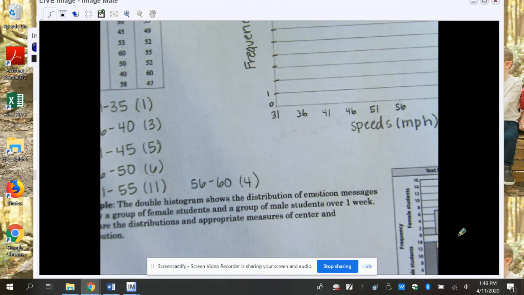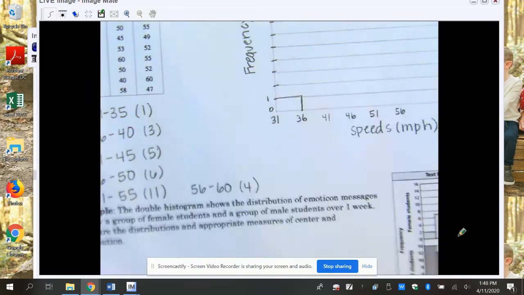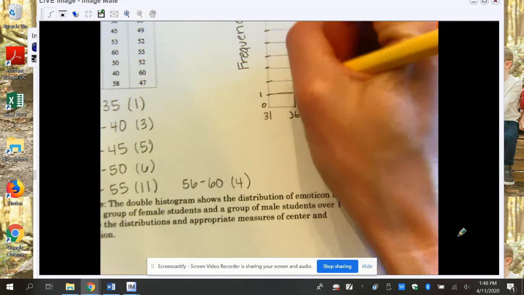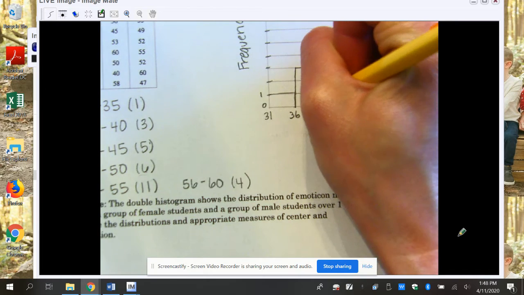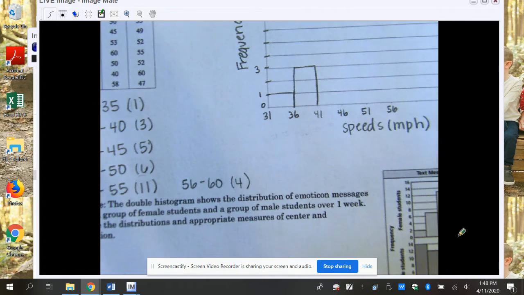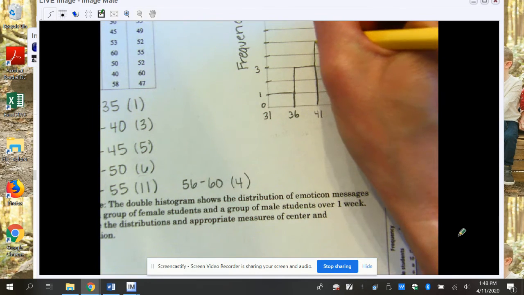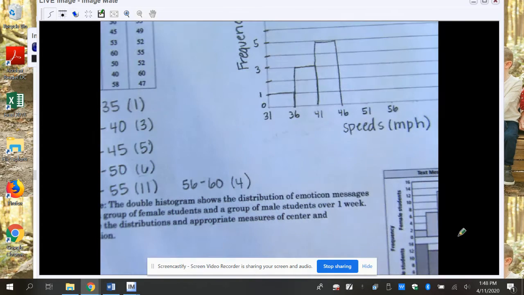All right, so my first interval, I only had one car going between 31 and 35 miles per hour. In the next interval, I had 3. We counted 3 cars going between 36 and 40. I counted 5 cars going between 41 and 45.